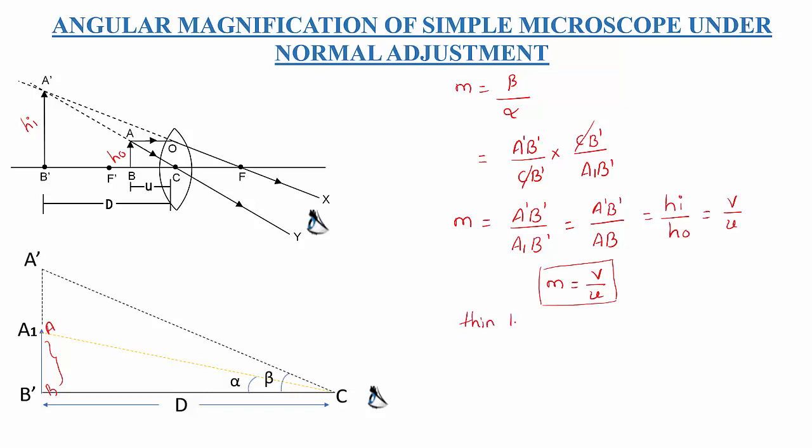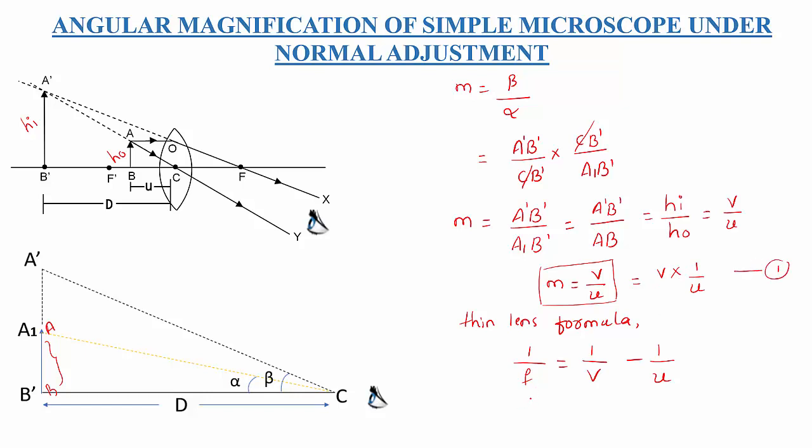According to the thin lens formula, 1 by F equal to 1 by V minus 1 by U. Here, M equal to V by U can be written as V into 1 by U. Let us take it as equation 1.